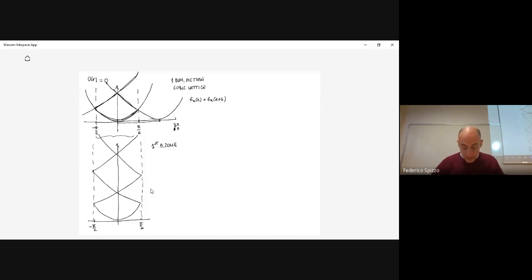And again, all those branches come from the parabola that is centered in all the other zones in the reciprocal space.